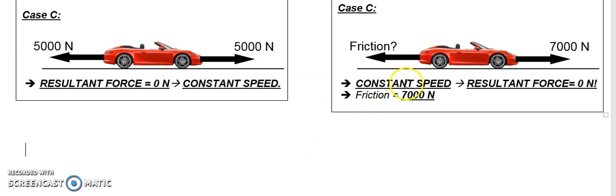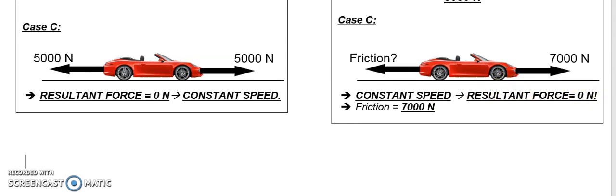In other words, the converse is also true. If they tell you a car is moving at constant speed, straight away you can tell that the resultant force is zero. So if they give you a forward driving force of 7,000 newtons, you can straight away say the friction force is 7,000 newtons.